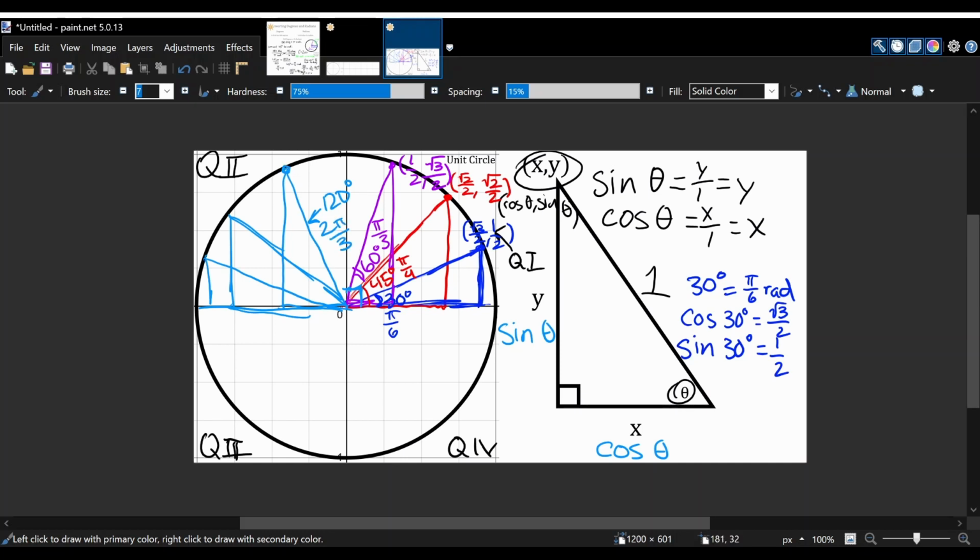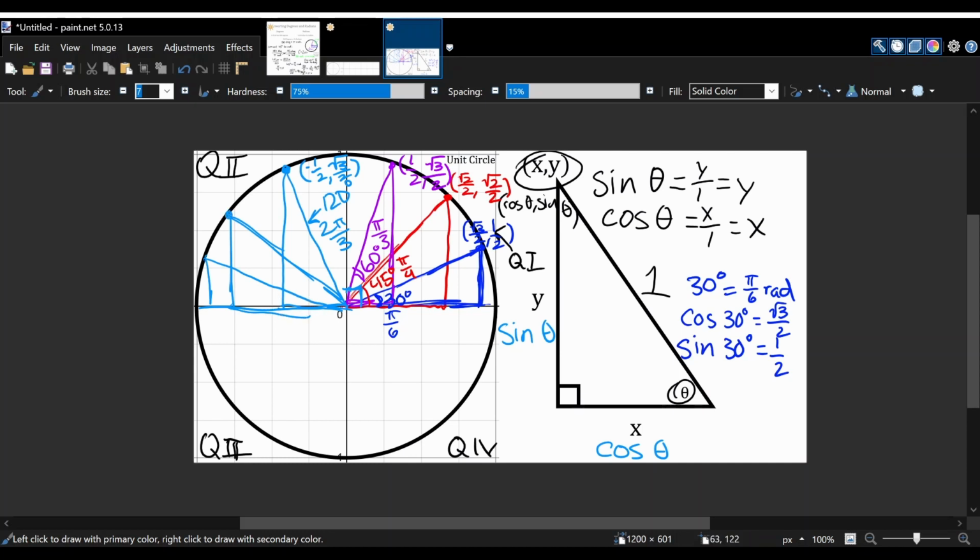And this point, you might be able to guess based off of the trends we saw in the first quadrant, is going to be negative 1/2, square root 3 over 2. And that's because we are now in the second quadrant, so the x values are going to be negative.